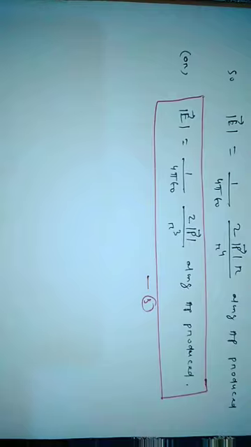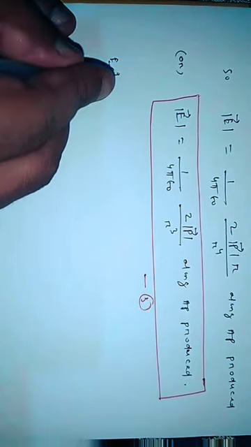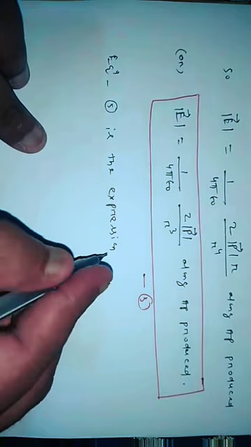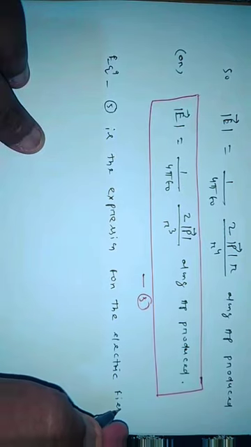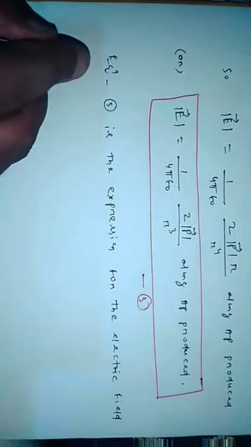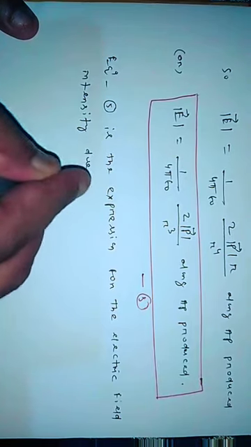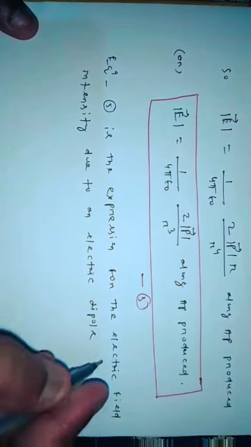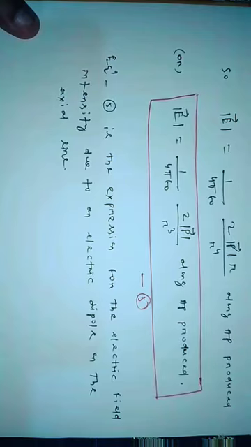So equation 5 is the expression for electric field intensity due to an electric dipole on the axial line.